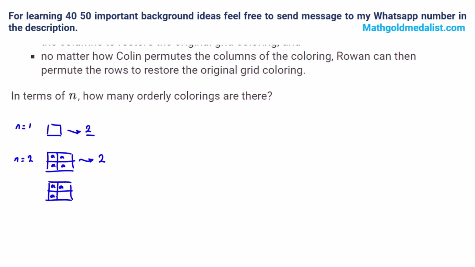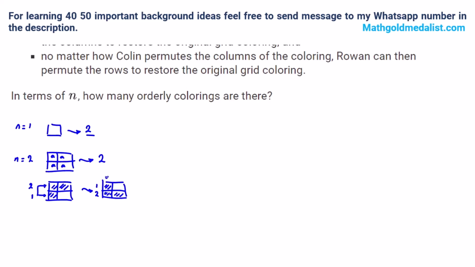Three of them black, for example. Without loss of generality, suppose it is this. If Rowan permutes these 2 rows, then we have this. Here we had 2 blacks, 1 black. Now here we have 1 black, 2 blacks.